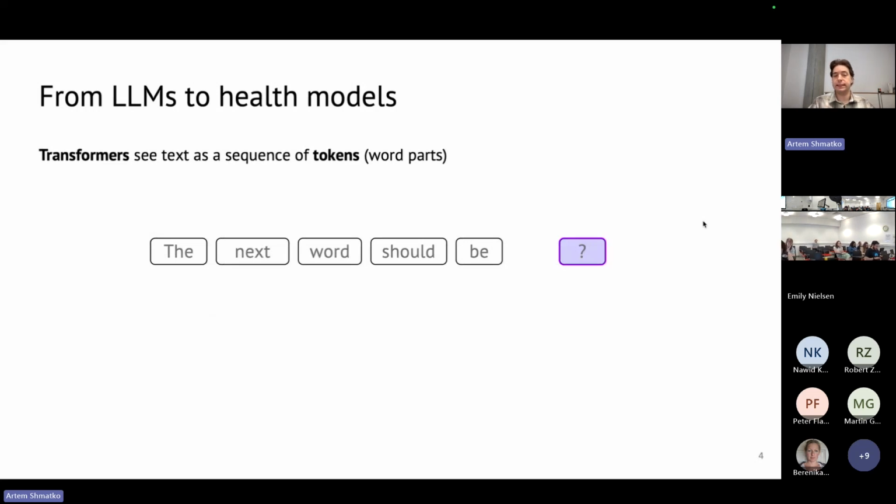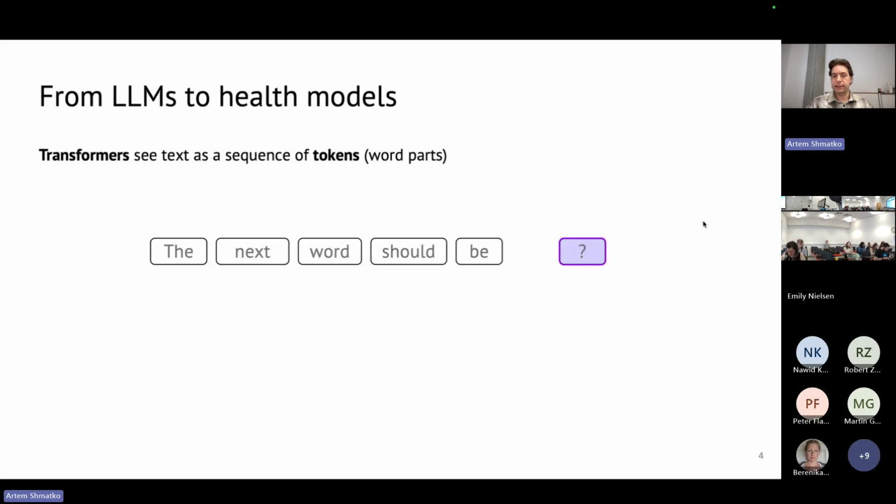The way they see text is just a sequence of so-called tokens, or like words in a simple situation. And the way they are trained and the way they work is that they are only trained on predicting what the next token, what the next word in a sequence should be.